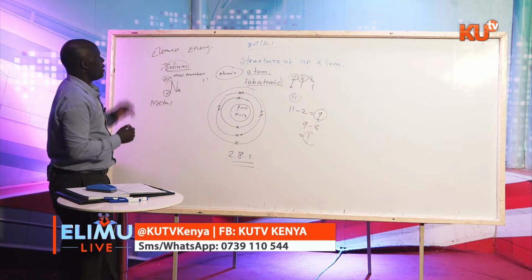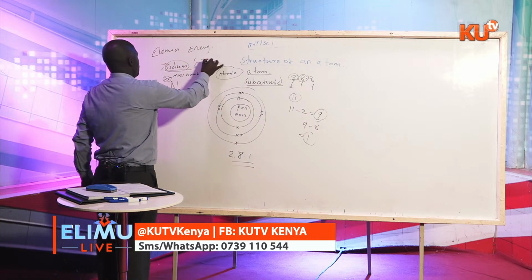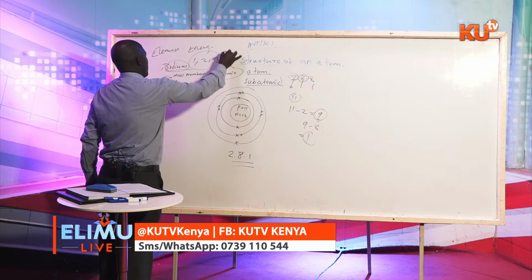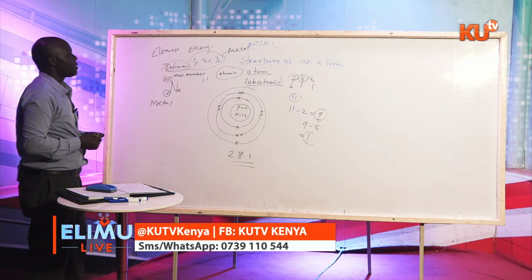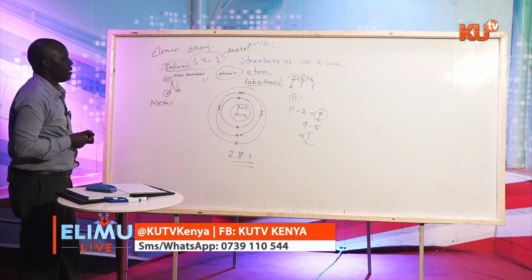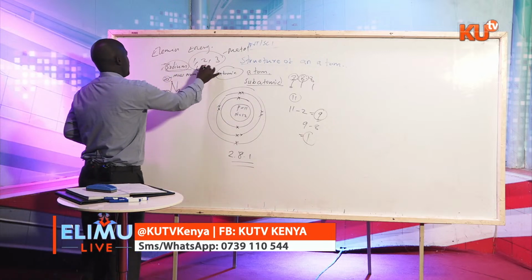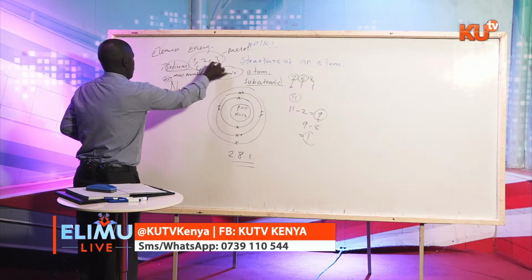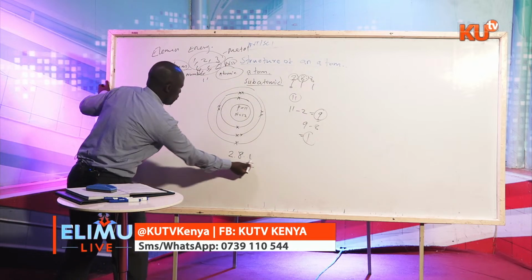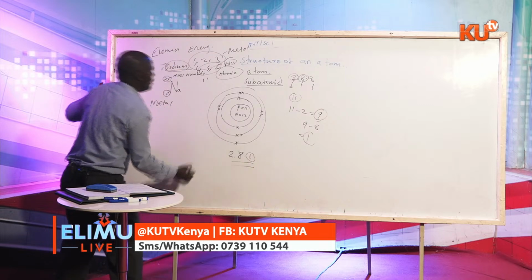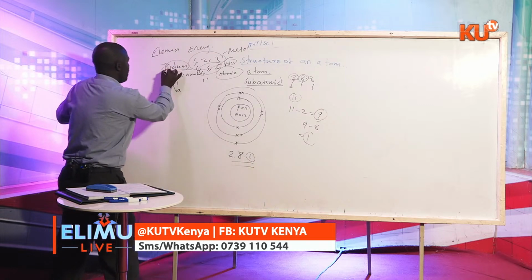For example, if it has 1, 2, or 3, then those are metals. If they have 4, 5, 6, those are non-metals. Sodium has 2, 8, 1, and therefore it has 1 here. Now we can tell sodium is a metal.